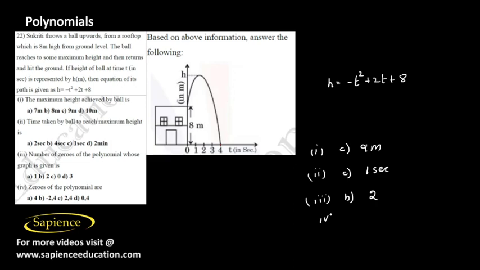And for the fourth question, zeros of the polynomial are, so one of the zeros we know is 4, we need to find the other zero also. For that we need to solve the given quadratic equation. So the given equation is minus t square plus 2t plus 8.